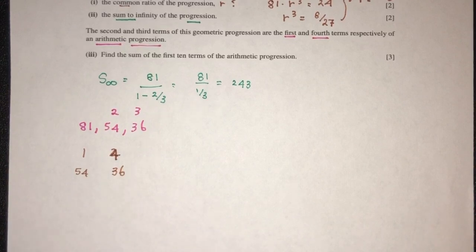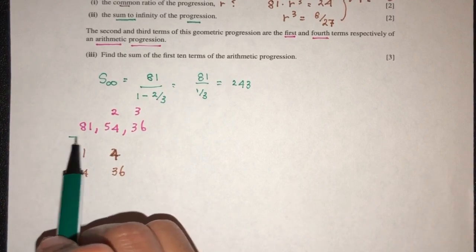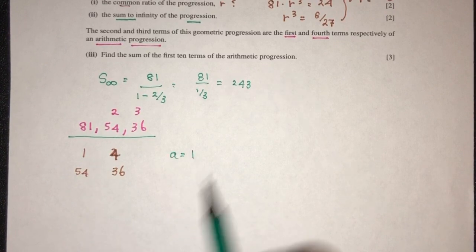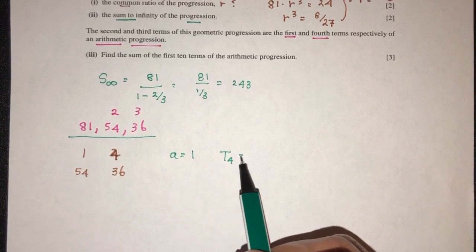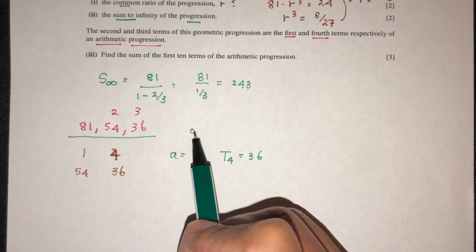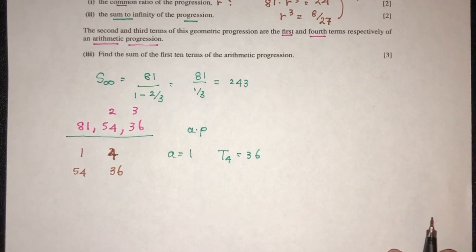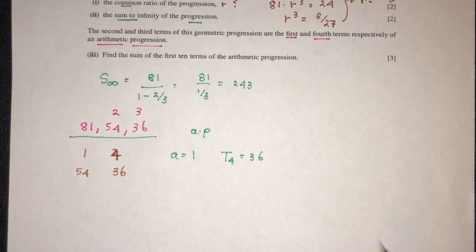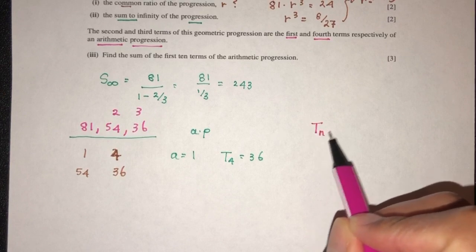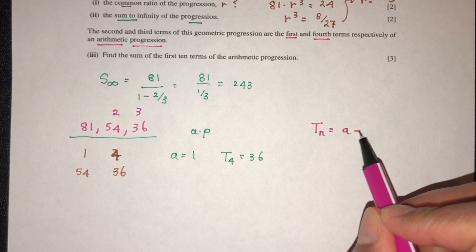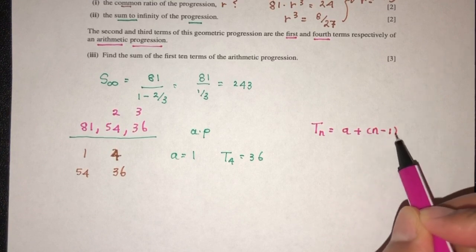So let me write this down. Obviously now these are two different questions. First term will be 54 and the fourth term will be 36 of this AP. Now, first thing first, since we know the type of progression, I will advise you to first write down the formulas we know for this progression. The nth term will be given to you as well, which is a plus (n minus 1) times d.